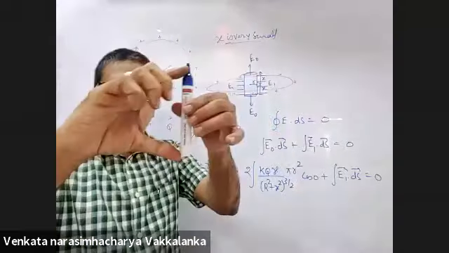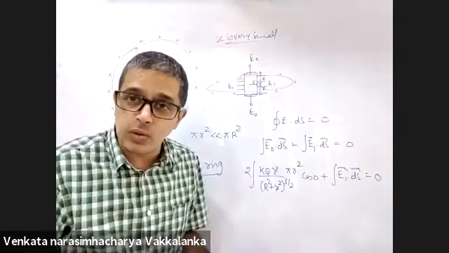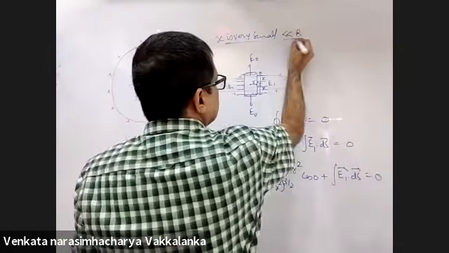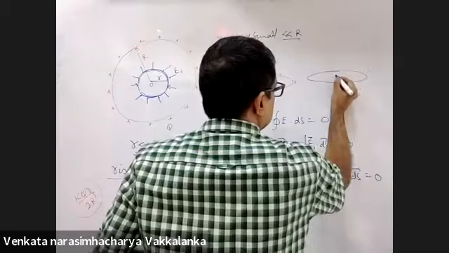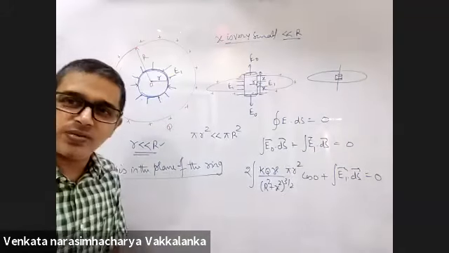The length of the Gaussian cylinder is very, very small. I can consider that. I have a right to do that. When compared to R, this is the Gaussian cylindrical pill. Are you able to visualize?